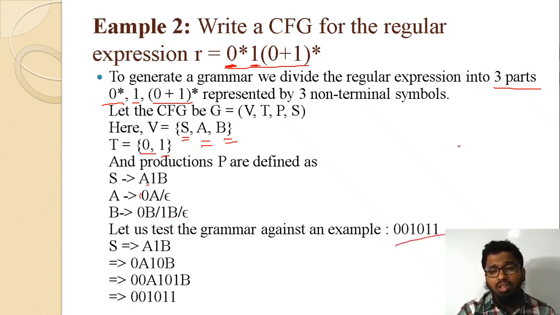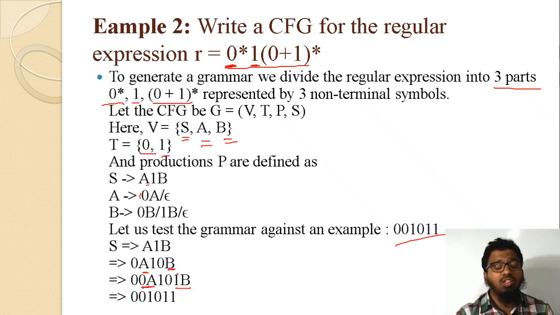Let's take an example of this: 0 0 1 0 1 1. In place of A, I am writing 0A, and in place of B, I am writing 0B, okay. First what I want? I want 0, because of that I am taking 0A. Then after that, next 0A, here again this A is taken as 0A, and this B is taken as 1B.